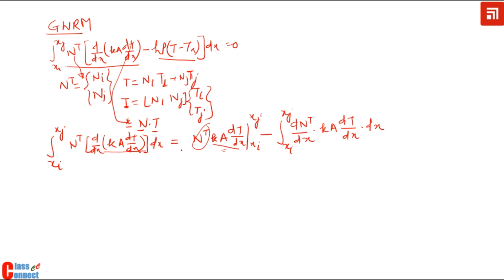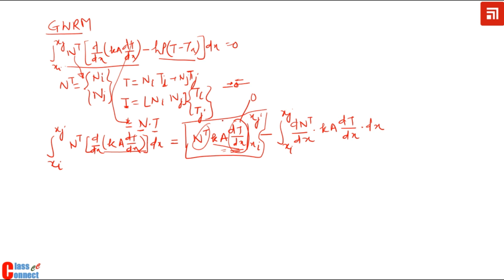Now this particular term is very interesting in this fin type of problem, where we have one end insulated. This term is the heat transfer within the element. At each node during assembly, the heat transfer from here to here and here to here, when there is no internal heat generation, will become 0.